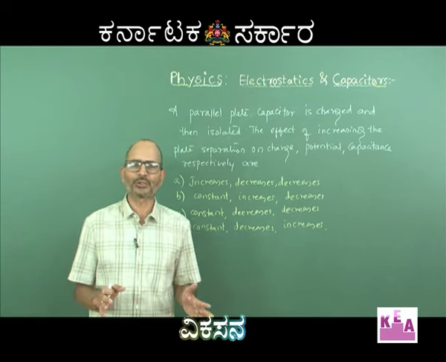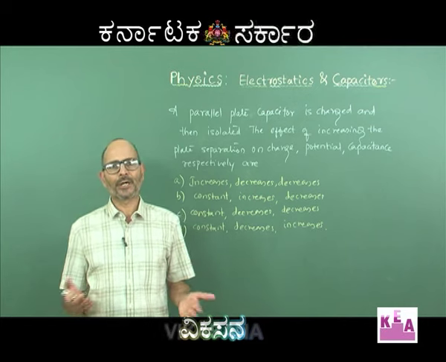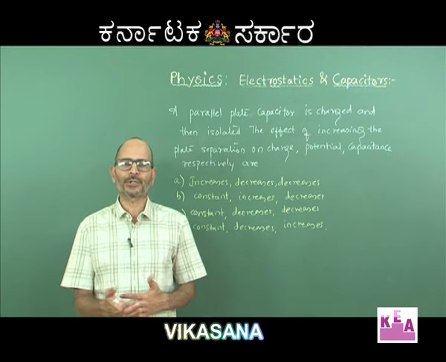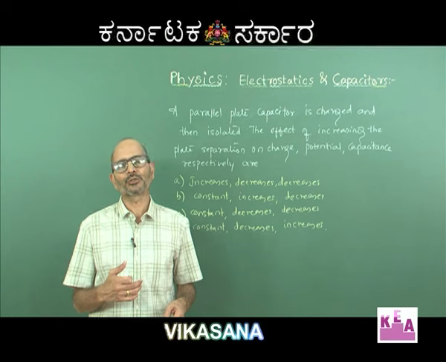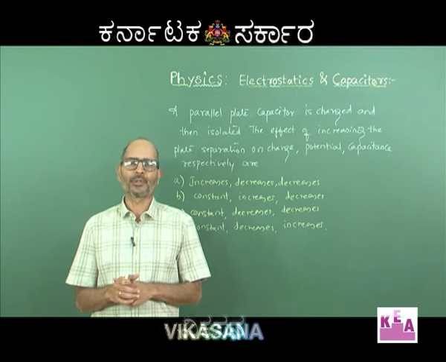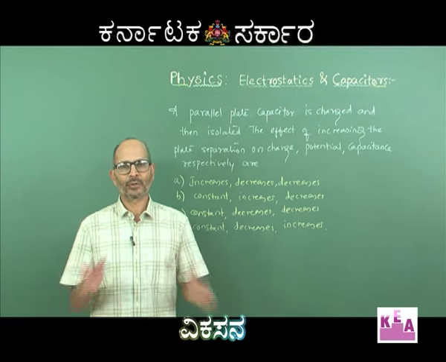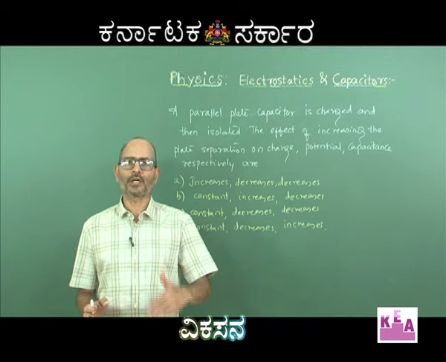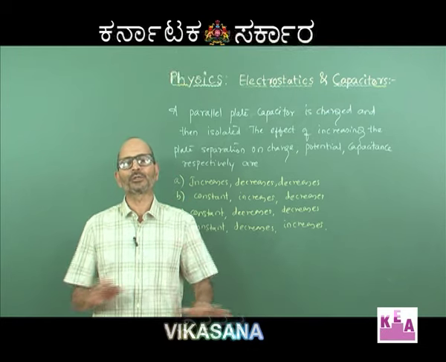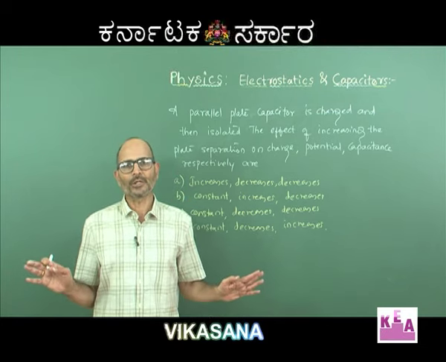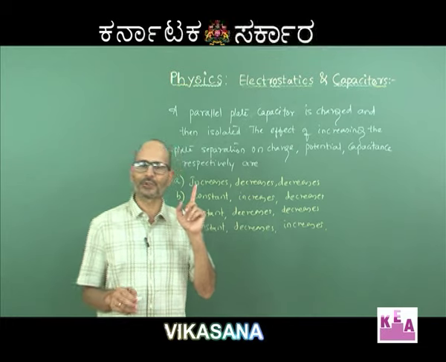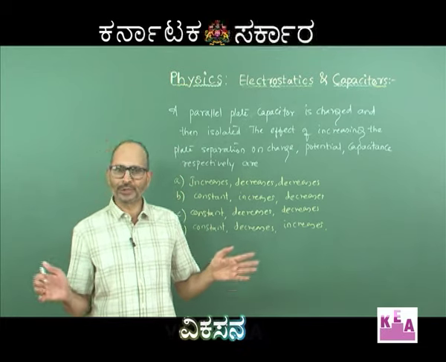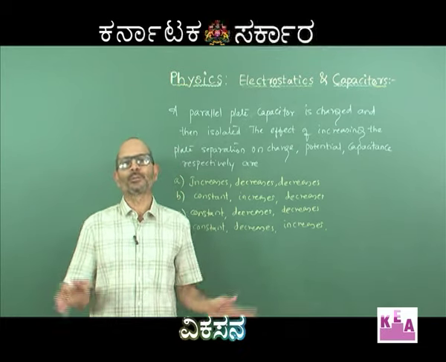As long as the battery is connected, there is a liberty for the battery to either send some more charge on the capacitor or take back the charge which is already on the capacitor. But because the battery is disconnected, capacitor is isolated, the charge which is now present on the capacitor plates is going to be intact, right. So, charge remains constant is for sure, whether you increase the plate separation or you decrease the plate separation.